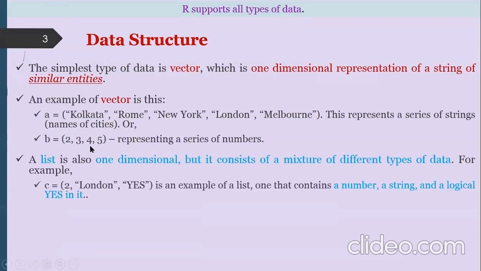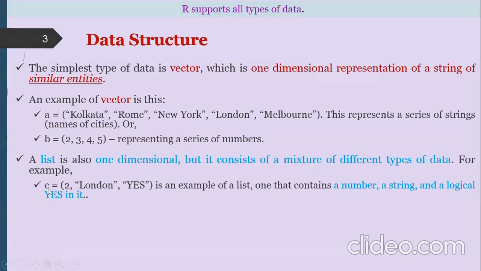And if we compare this with a list, we can differentiate between a vector and a list. A list is also one-dimensional, the same property, but it consists of a mixture of different types of data.